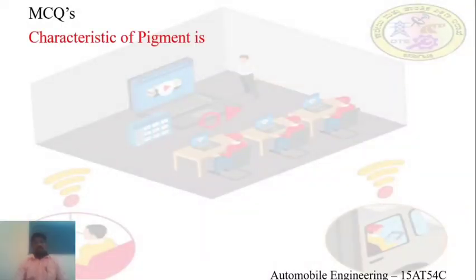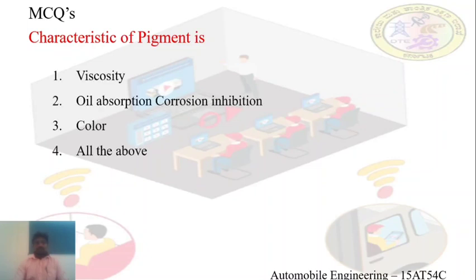The second question is: the characteristics of pigment is. Here in this question you need to find the characteristic of the pigment. The options are: option 1, viscosity; option 2, oil absorption, corrosion inhibition; option 3, color; option 4, all the above.